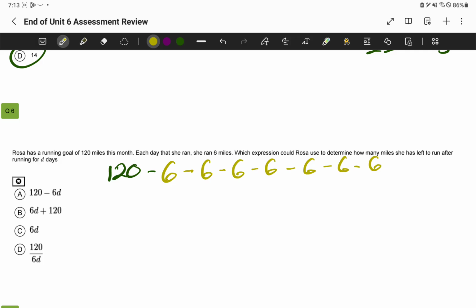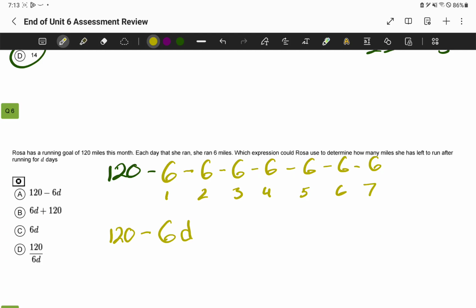So we're doing a lot of subtraction here, where each one of these is a number of days. Well, instead of subtracting for each number of days, we can just say 6 times the number of days and subtract that from 120.